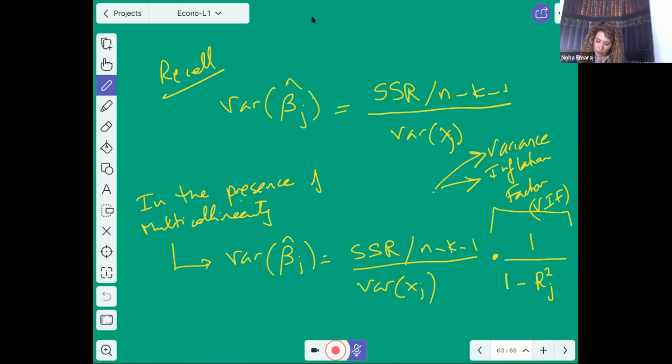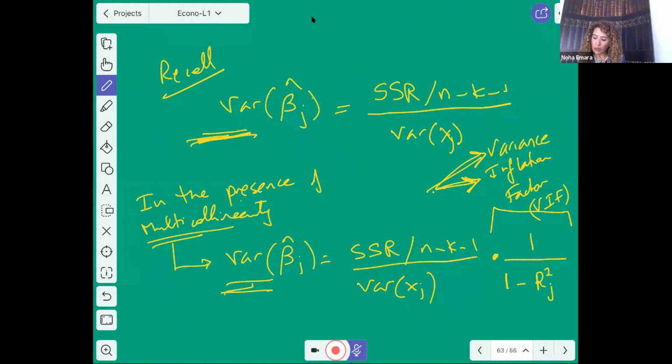It's a certain component or factor that inflates the variance, so it kind of magnifies the variance. Okay, so in the presence of multicollinearity, the variance of beta will not be the same as the variance in regular OLS, which assumes that we don't have any multicollinearity problems.